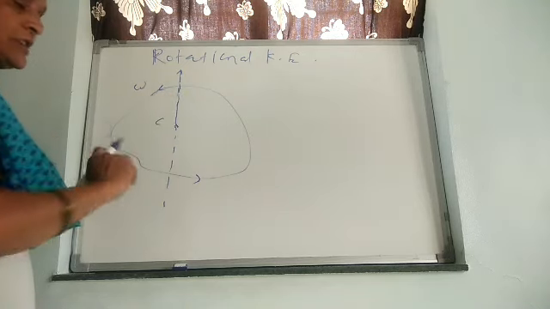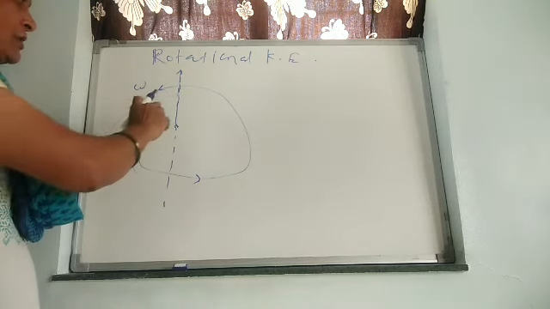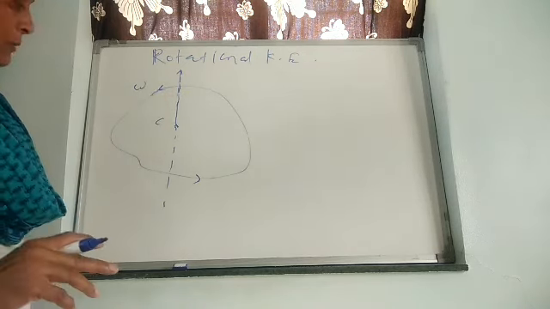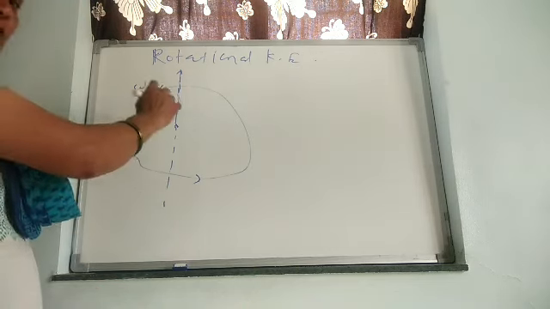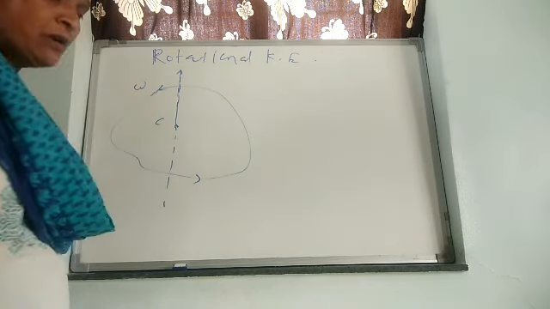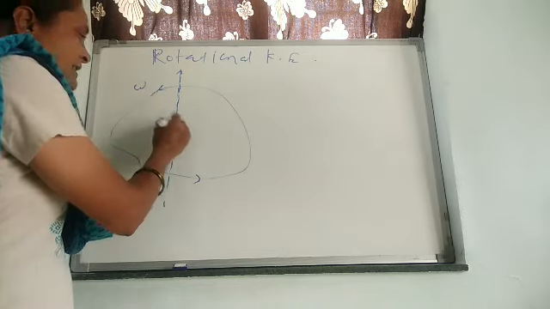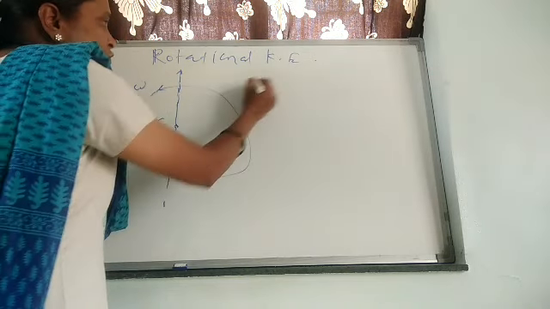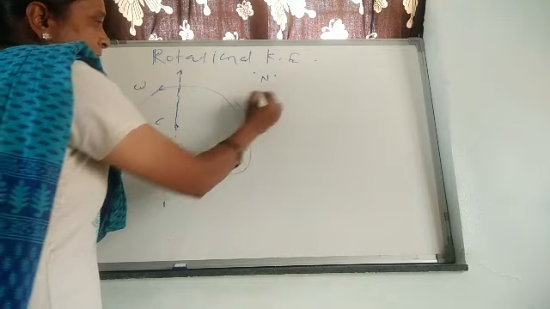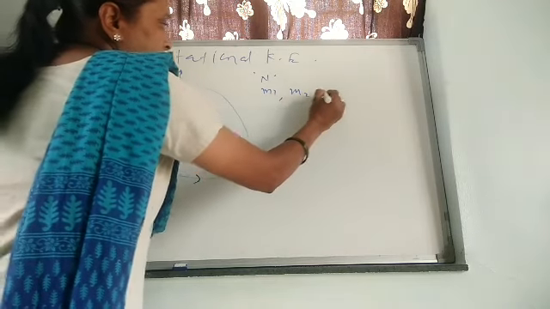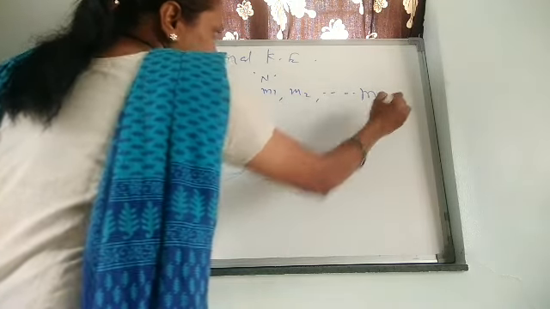Here we have considered a rigid body rotating about an axis passing through its center and perpendicular to its plane. It rotates with constant angular velocity omega. We can say that the body is made up of n number of particles having masses m1, m2, ..., mn.